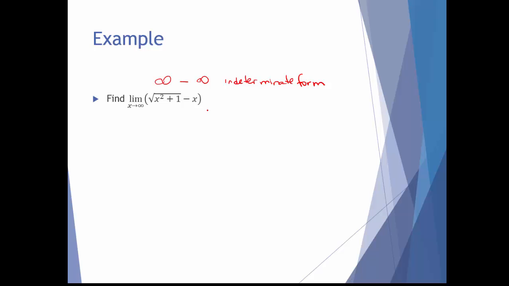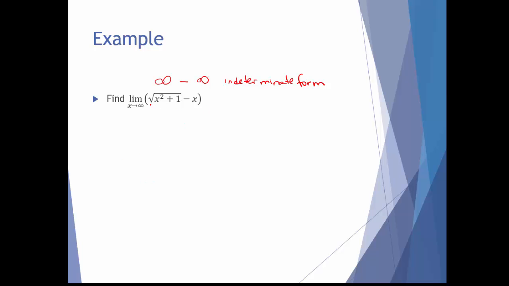So again, we need to make this look different than it currently looks. Now with the last two examples, what we were able to do was to divide the numerator and the denominator by something that was going to make our function look different. The problem is this one doesn't have an immediately obvious denominator. Or does it?